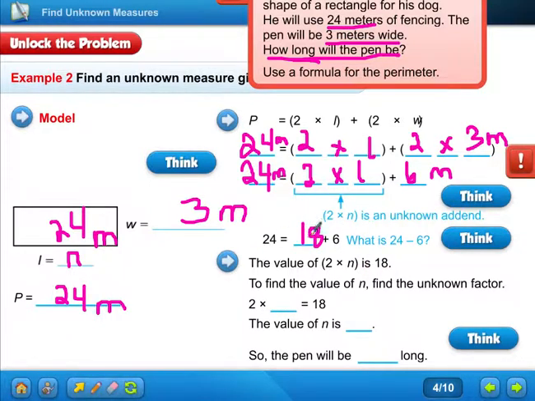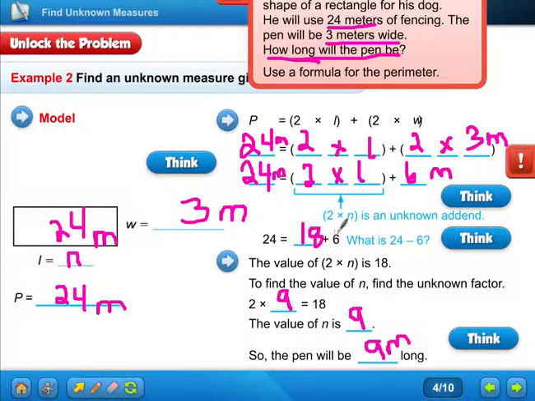You just figured out what 2 of them is. So now you need to figure out the value of just 1. So 2 times what equals 18? 2 times 9. So the value of n is 9. So the pen will be 9 meters long.